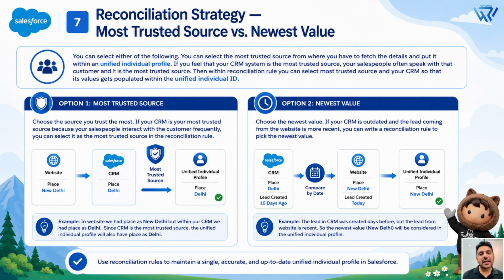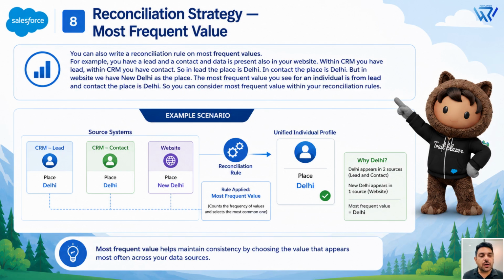If you feel that your CRM is outdated, the lead which is present within the CRM was created days before, but the lead which came from the website is the recent lead, then that should be considered as the newest value.